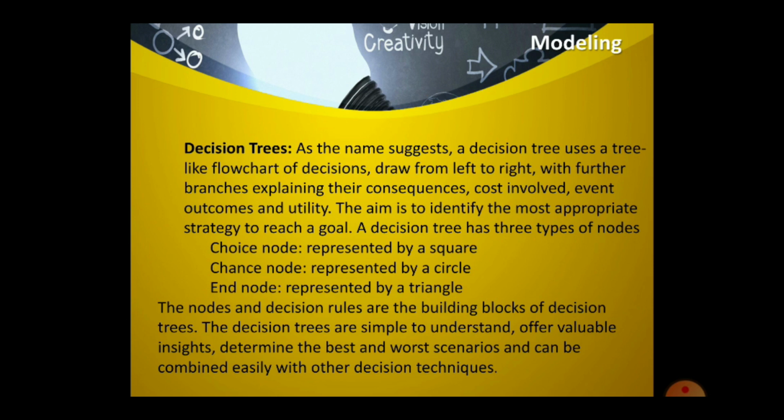Decision tree. As the name suggests, a decision tree uses a tree-like flowchart of decisions, drawn from left to right with further branches explaining their consequences, most involved event outcomes, and utility. The aim is to identify the most appropriate strategy to reach a goal.